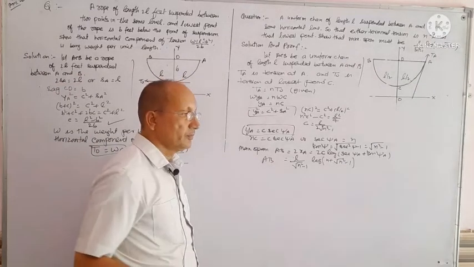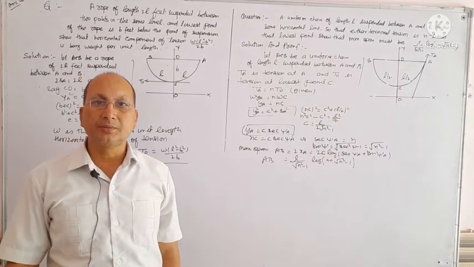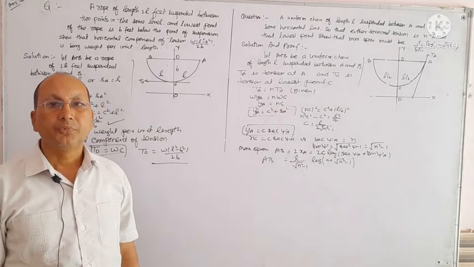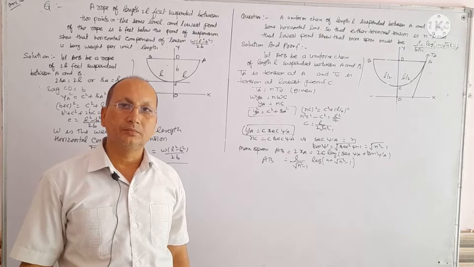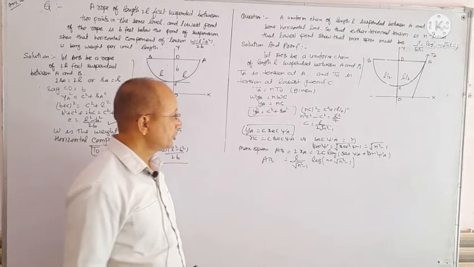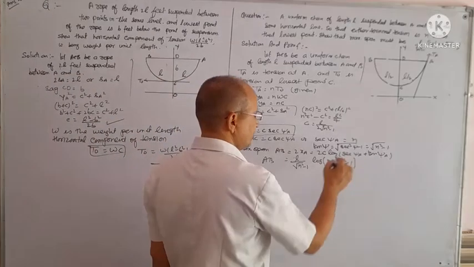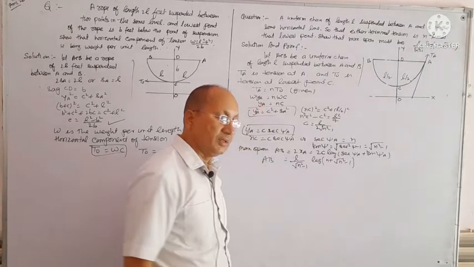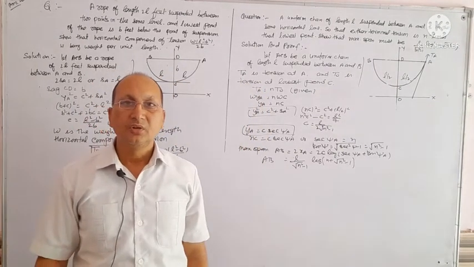Maximum span AB, the horizontal distance between the points of suspension, is 2x, 2c log of sec psi plus tan psi. Putting this value of C, we get the required solution of this question.